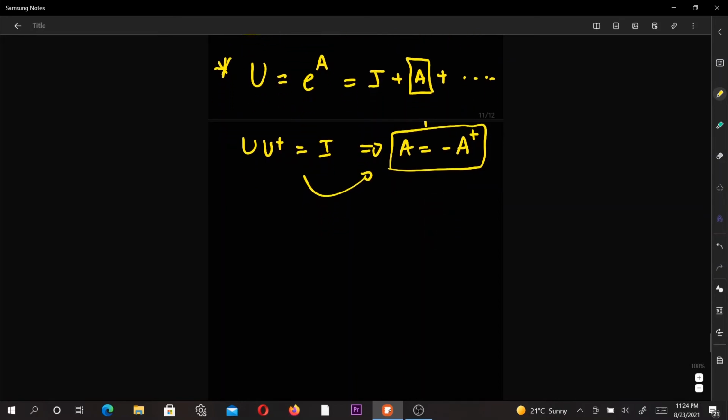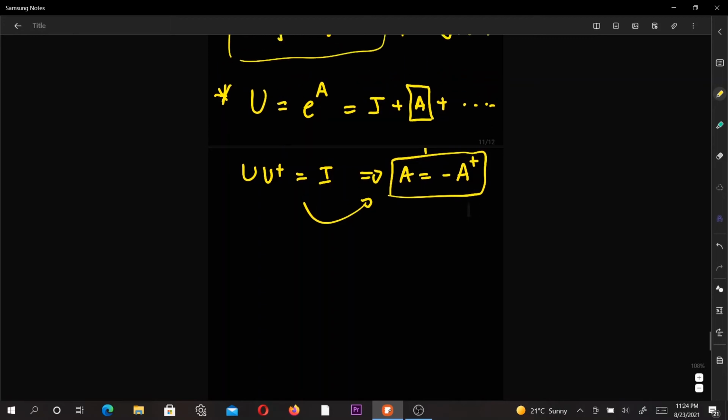So what is the property of this A matrix? The A matrix is anti-Hermitian, as you can see, or you can check by yourself, and you can prove that the diagonals of A matrices are either imaginary or zero. So these are the two properties of A matrix.